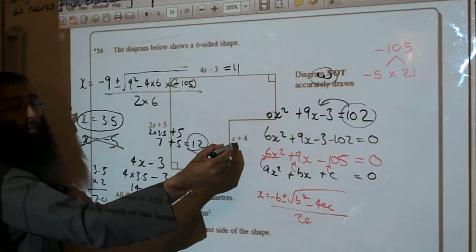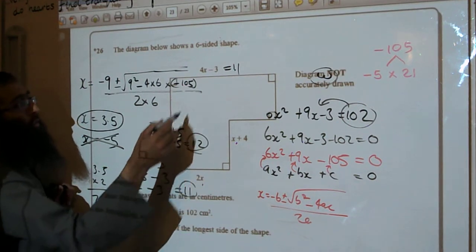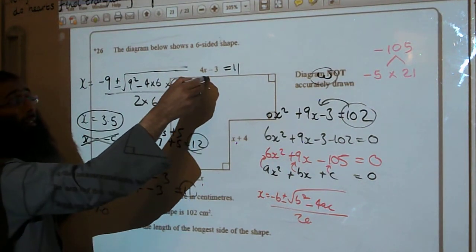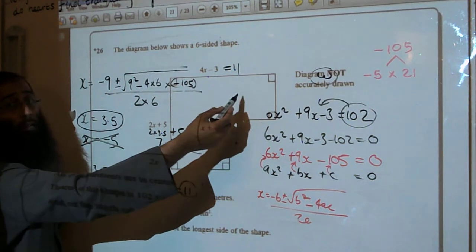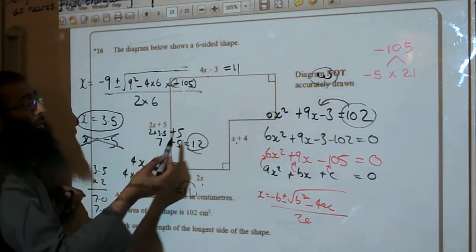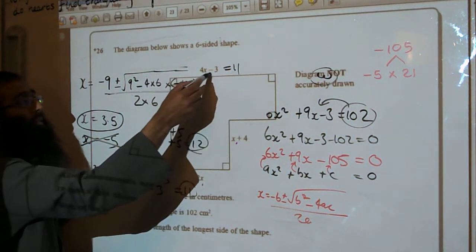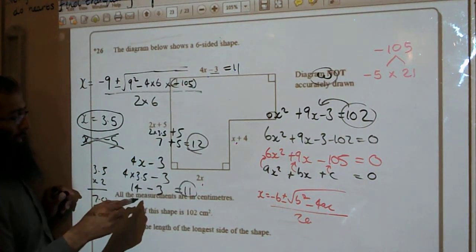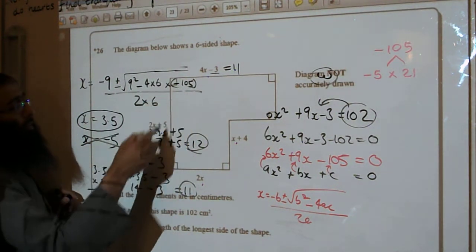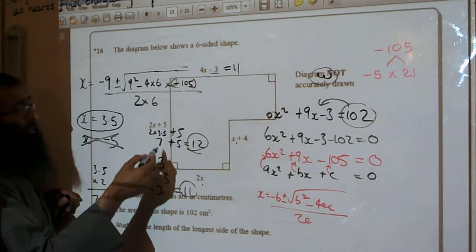Now this will definitely be smaller and that's definitely smaller. So in actual fact, 4x minus 3, even though it looks bigger on the diagram and it feels like it's big, because of the minus 3, it brings the number back down to 11, whereas the 2x plus 5 is a much bigger answer.